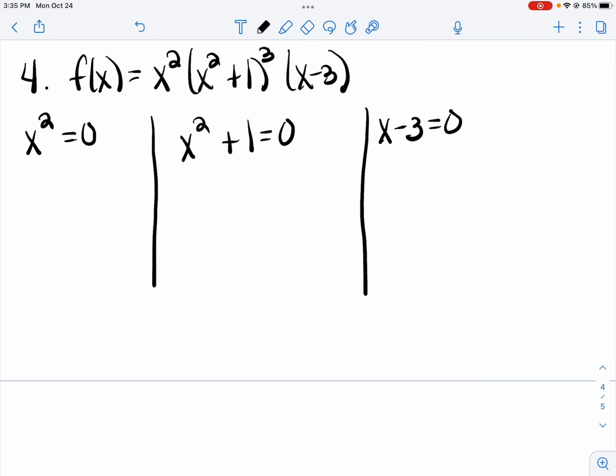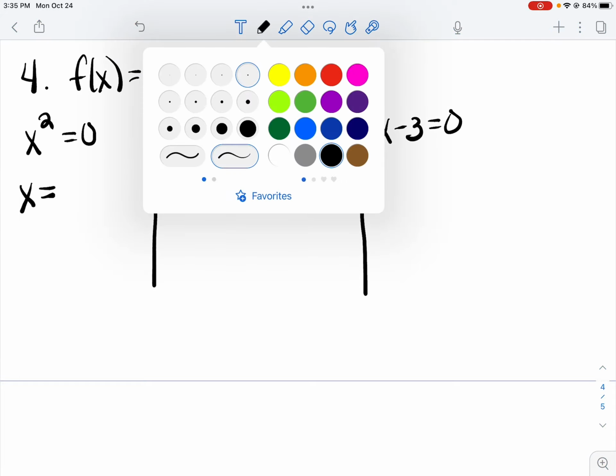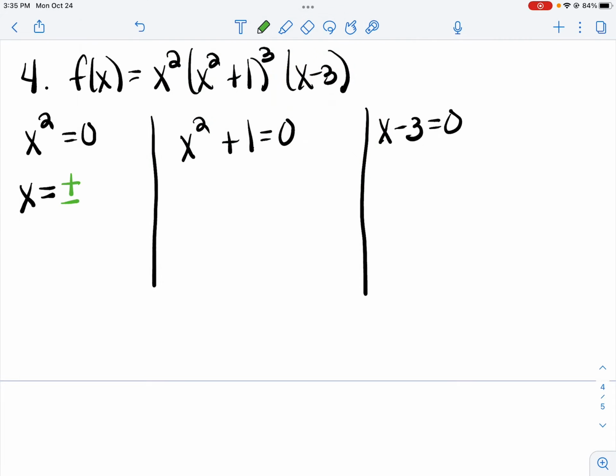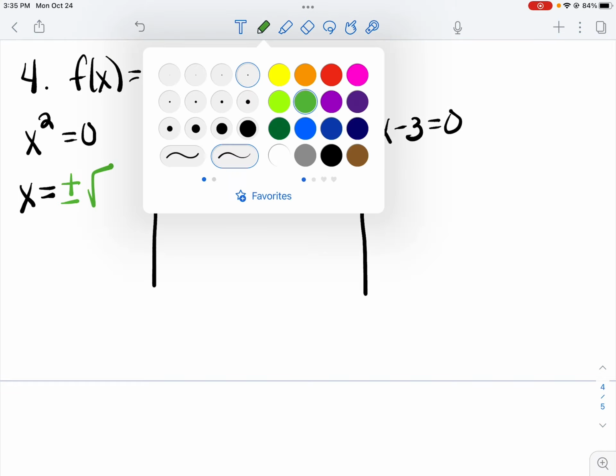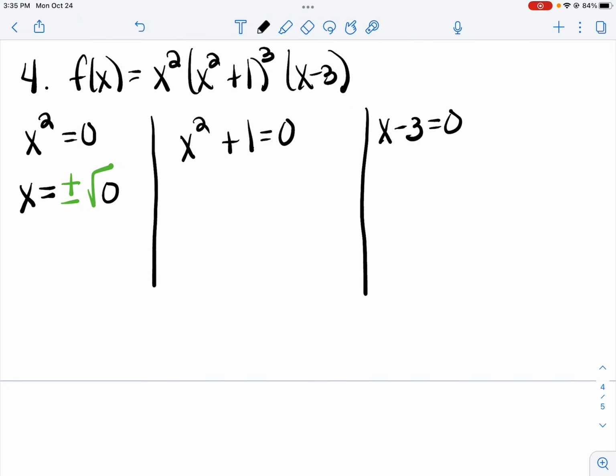Use the square root property to solve that first equation, so the squared goes away on the left side. Typically with the square root property, we have the plus or minus, and I'd have the square root of 0. The square root of 0 is 0, and there is no plus or minus with 0.